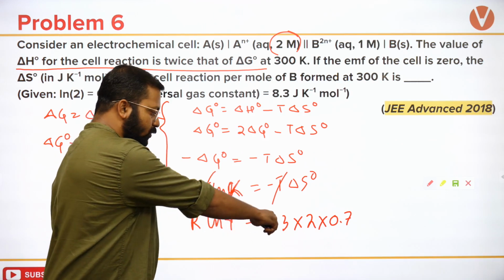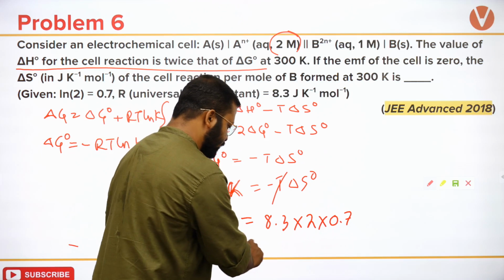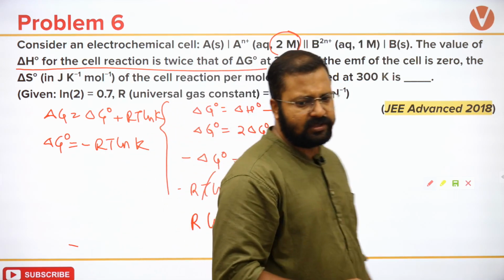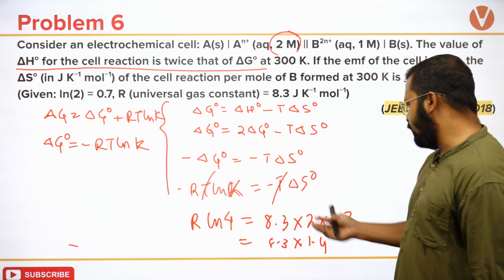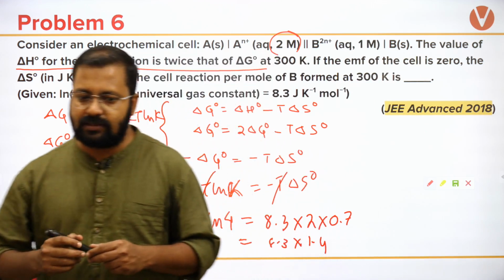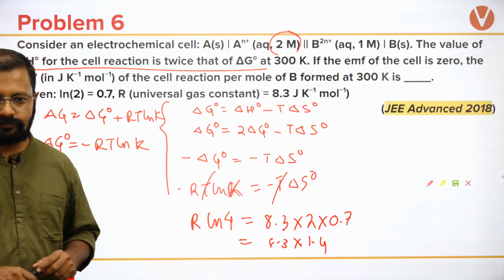R ln 4 will be equal to 8.3 times 2 times 0.7. That should be your answer. That means 8.3 times 1.4 should be your answer, so the answer will come around 11 point something.